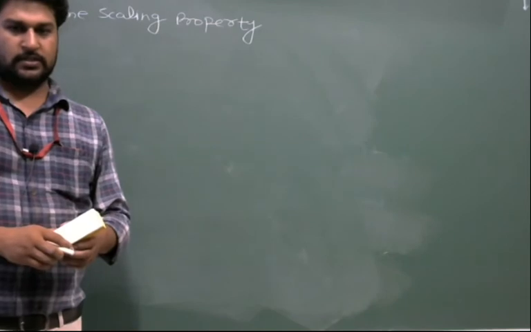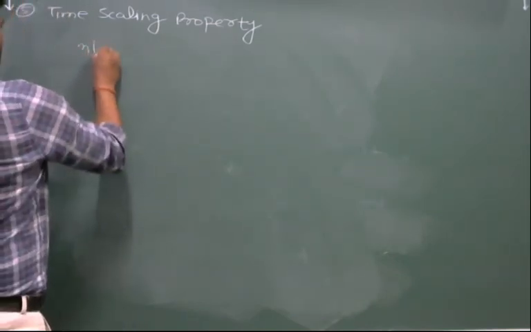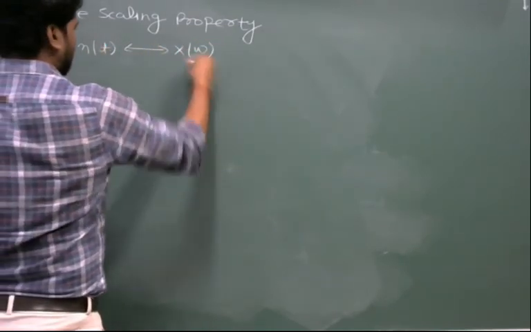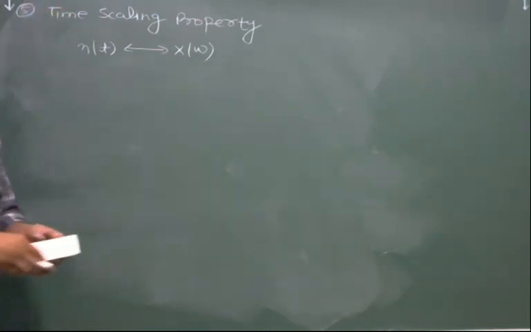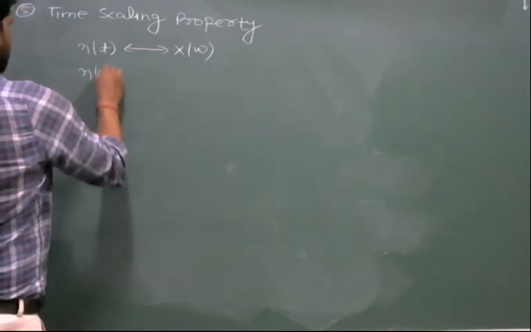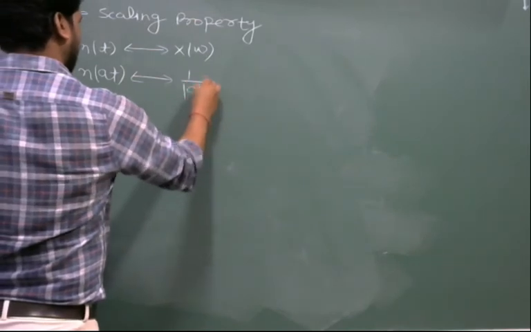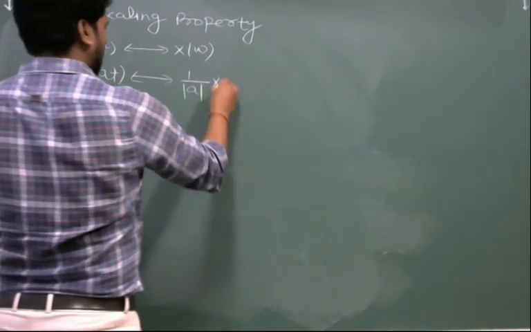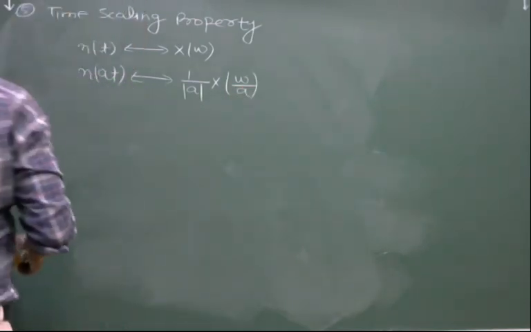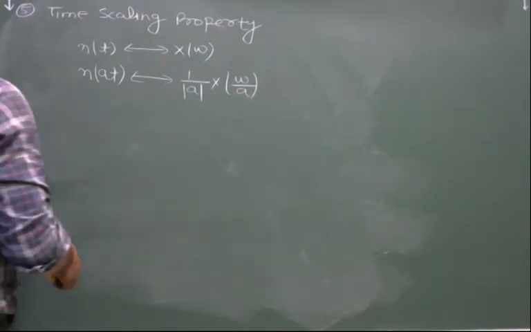What this property means is that if the signal x(t) is transformed to the frequency domain and gives the function X of omega, then the Fourier transform of signal x of at will be equal to 1 upon mod of a into X of omega upon a. This is what the Fourier transform property states.